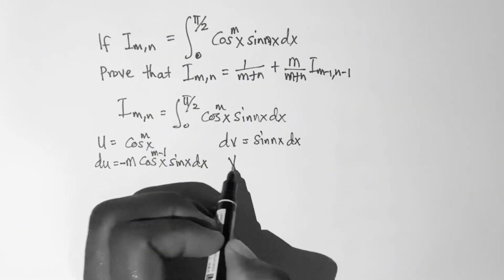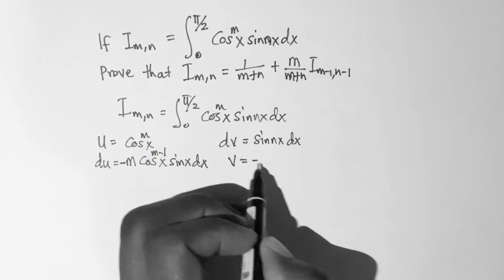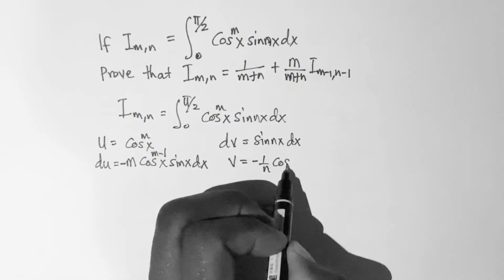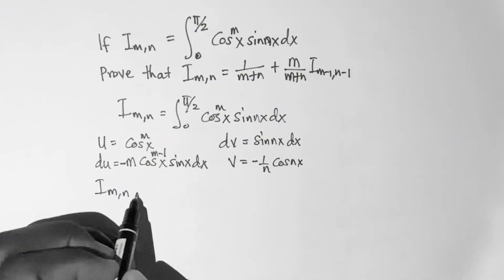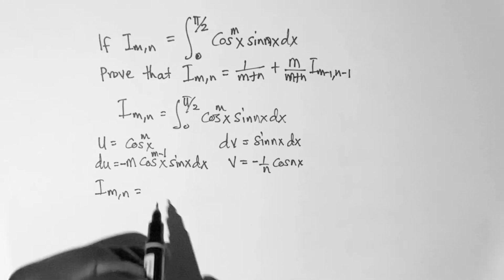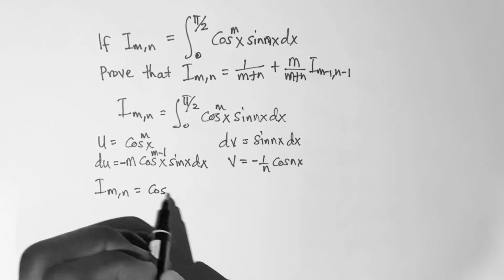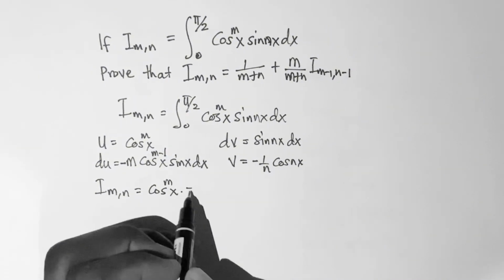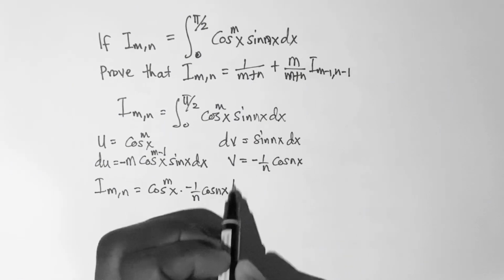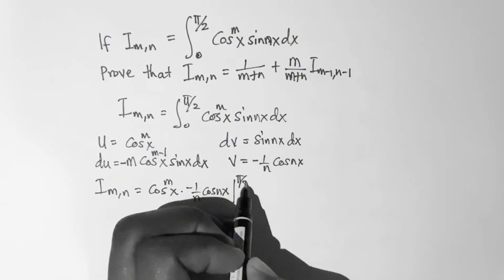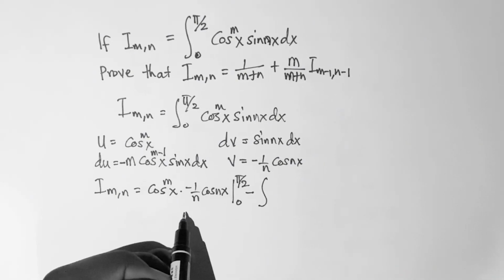So if you integrate dv, you get v, which is equal to, if you integrate sine nx, you get minus 1 over n cos nx. So I of mn is equal to uv, which is cos x exponent m times minus 1 over n cos nx, evaluated at 0 and then pi over 2. Then minus integral of v du.